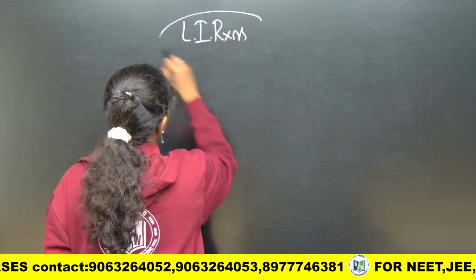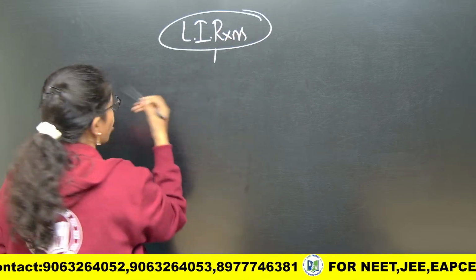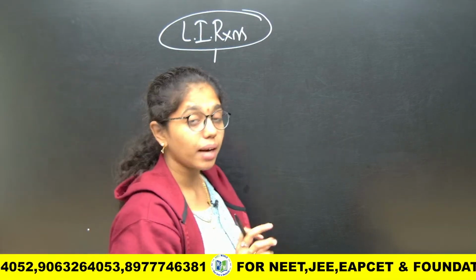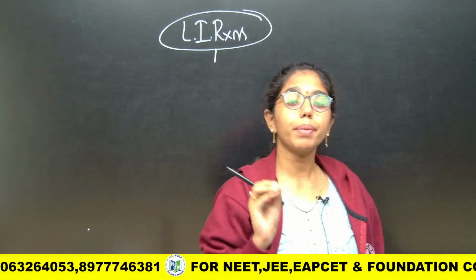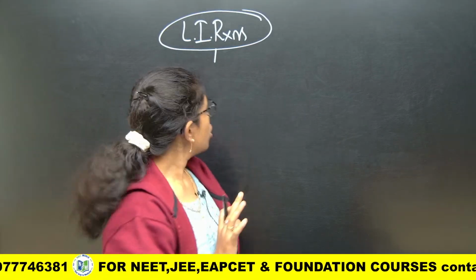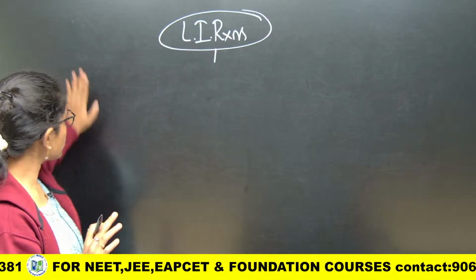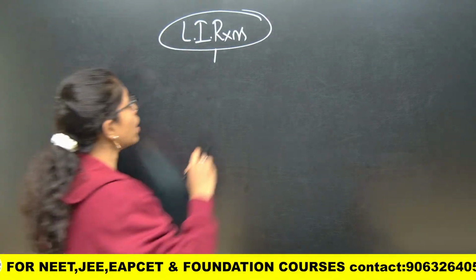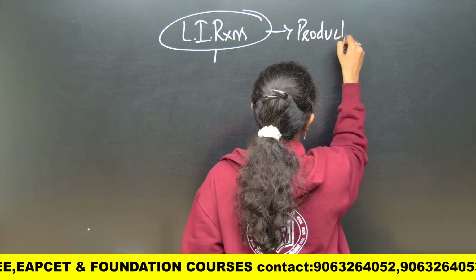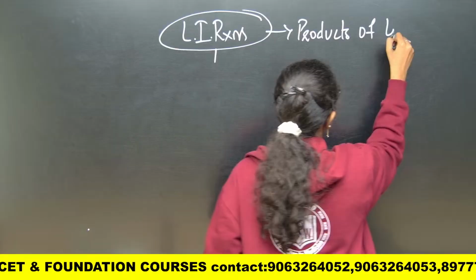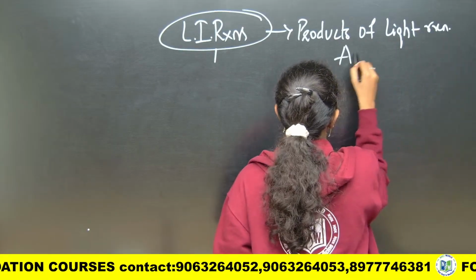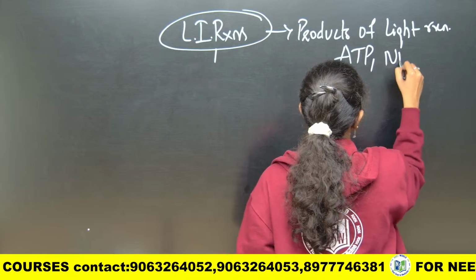Light independent reactions are also known as dark reactions because it is not that they take place in the dark, but those are purely dependent on the products of the light reaction, not on the light. What are those products? ATP and NADPH.